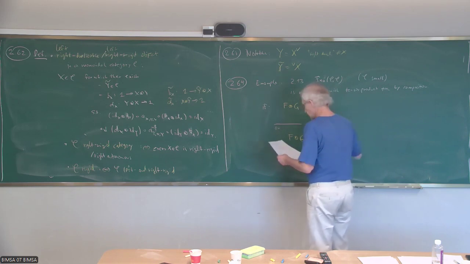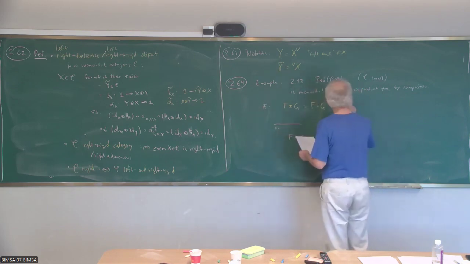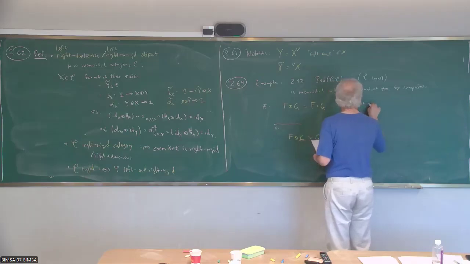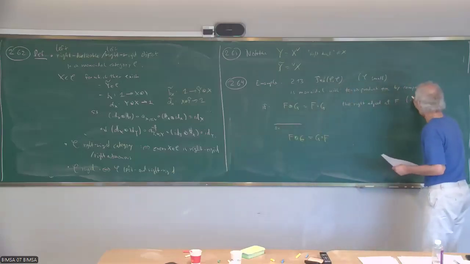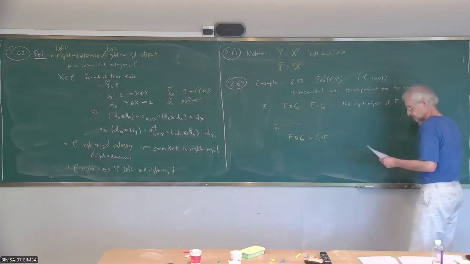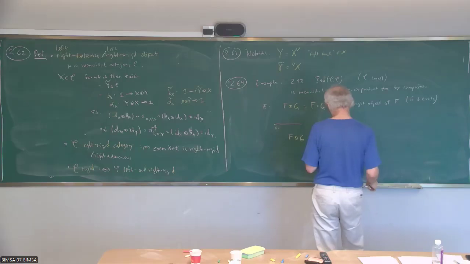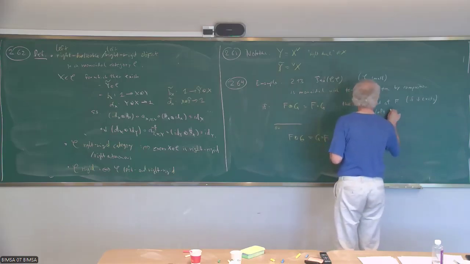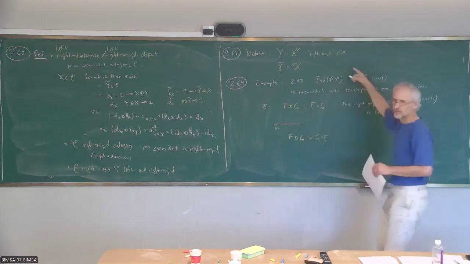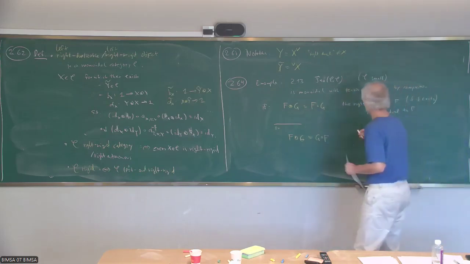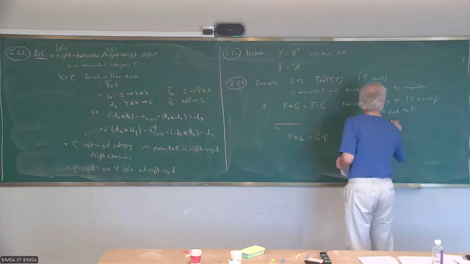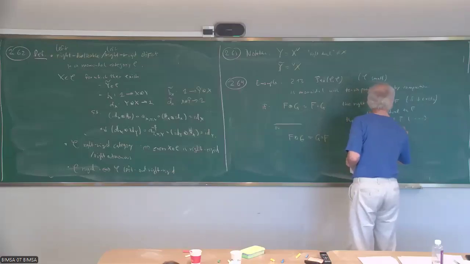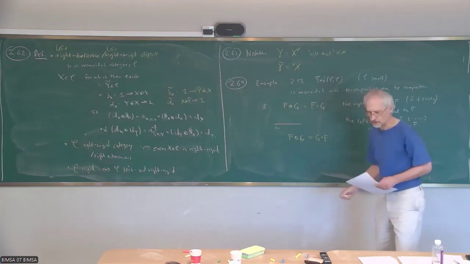Namely, if we use this, then the right adjoint of a functor F, if it exists, is left dual to F in this category, and analogously the left adjoint of F, if it exists, is right dual to F in this functor category.